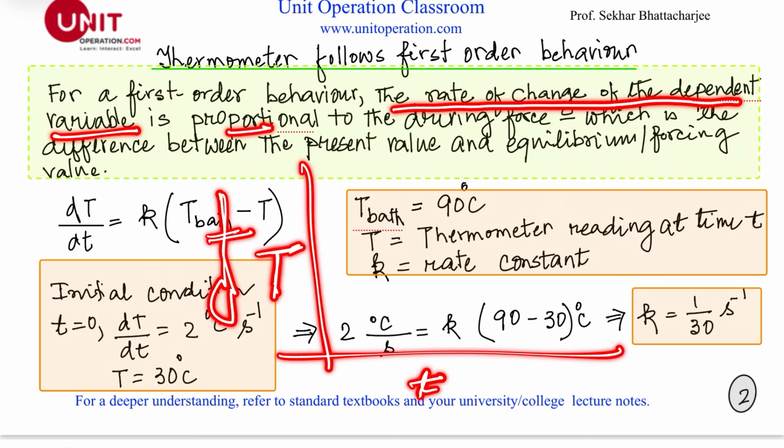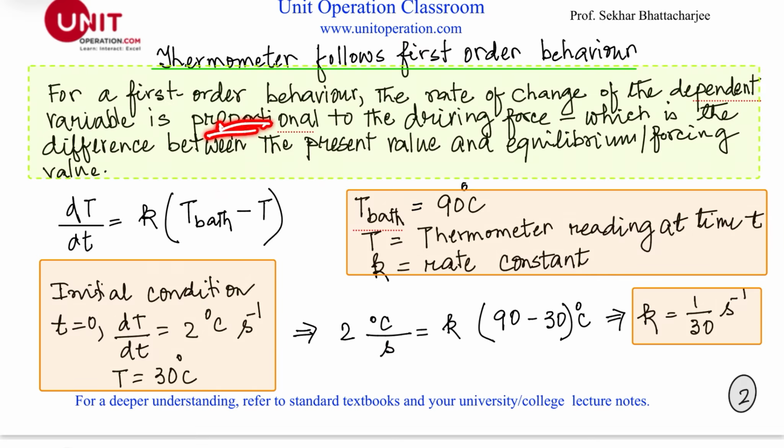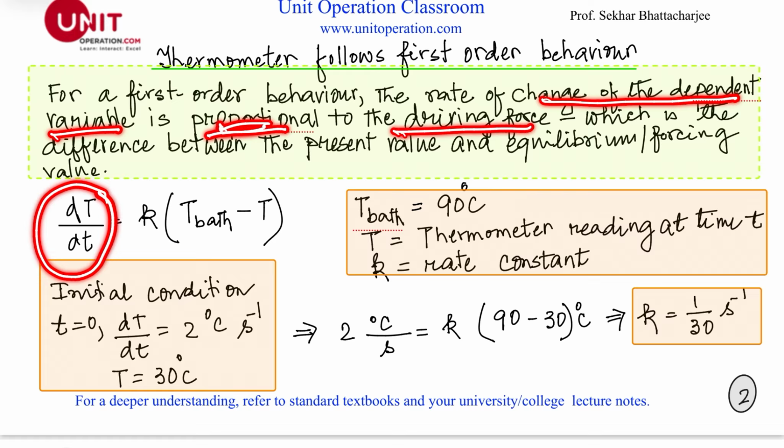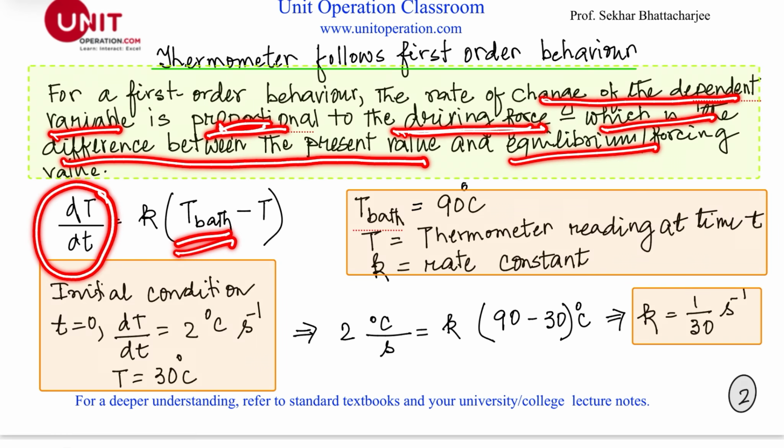Of course, that is a function of time. The rate of change of the dependent variable with time is proportional to the driving force. What is the driving force? It is the difference between the present value and the equilibrium value.